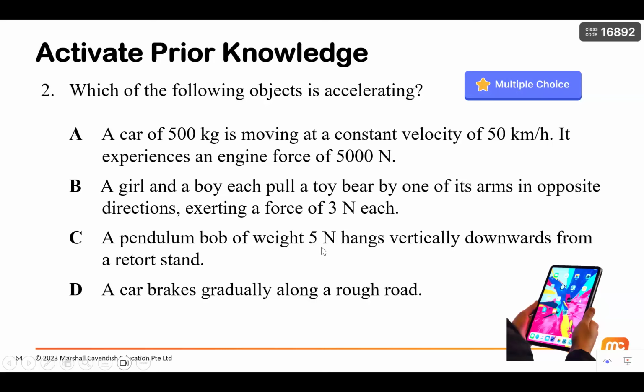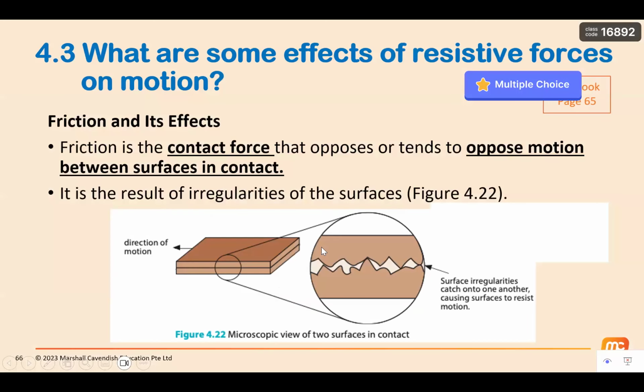So again, this is not accelerating. The correct answer should be D. A car brakes gradually along a rough road. In this case, the car is moving slower and slower because it's braking, so it is decelerating. This object actually has an acceleration, it's just that it's negative acceleration.